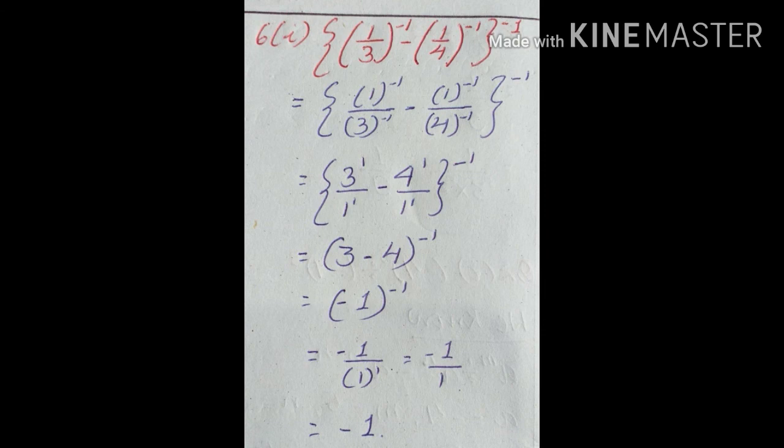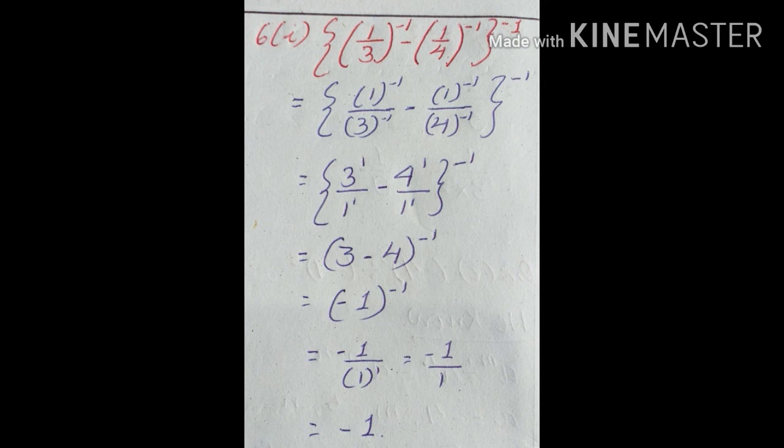Minus 1 whole power minus 1 equals, we have to take the minus 1 down: minus 1 divided by 1 to the power 1, which is equal to minus 1.